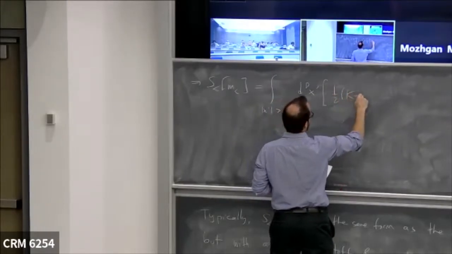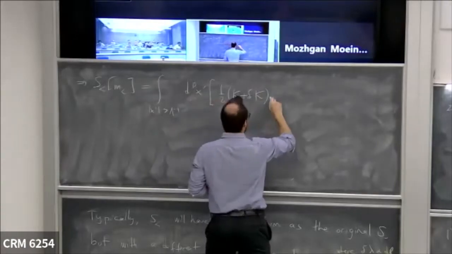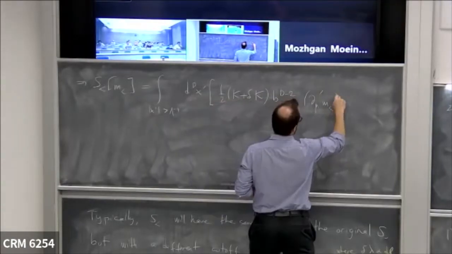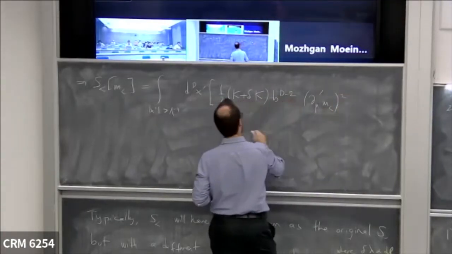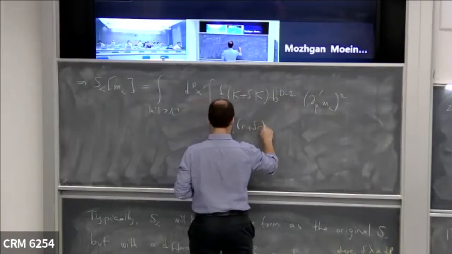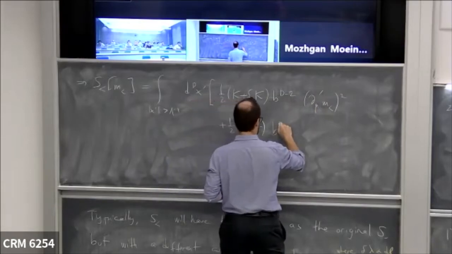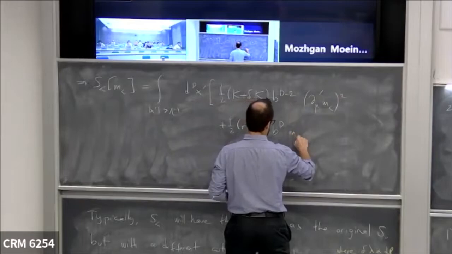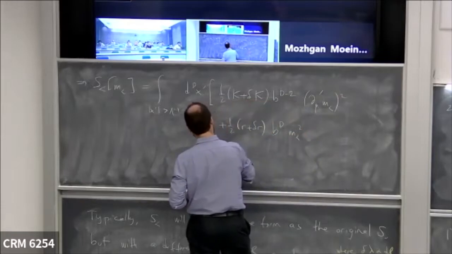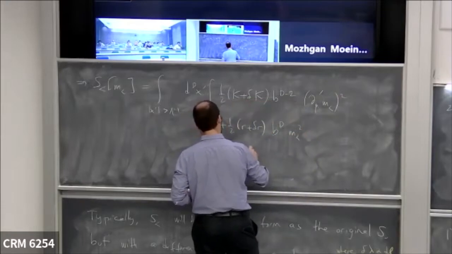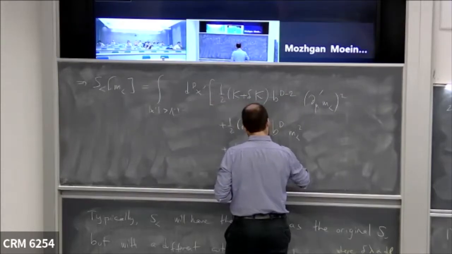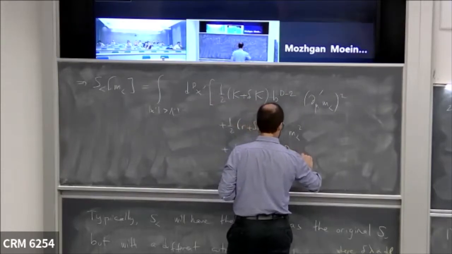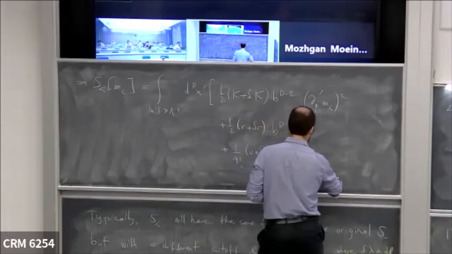For the gradient term, we have b to the d minus 2 partial mu prime m lesser squared, r plus delta r b squared m lesser squared, 1 over 4 u plus delta u b to the d m lesser to the fourth, and so on.